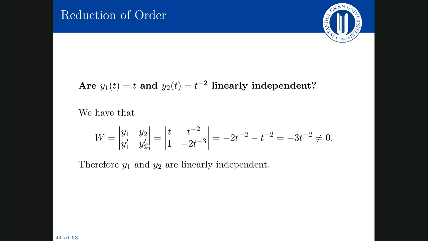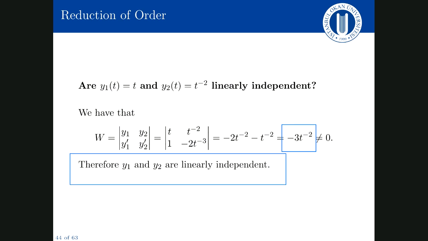When we calculate it for these two functions, we get minus 3t to the power minus 2, and because we're told that t is not 0, this is not equal to 0. If the Wronskian is not equal to 0, then our two functions are linearly independent.